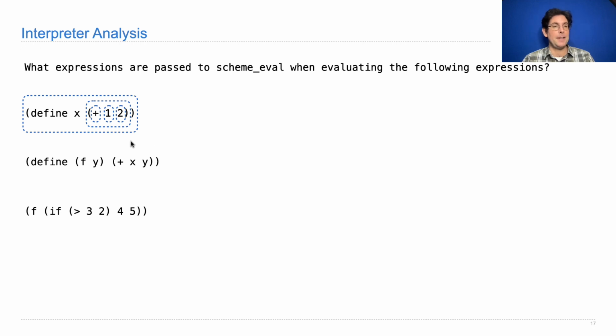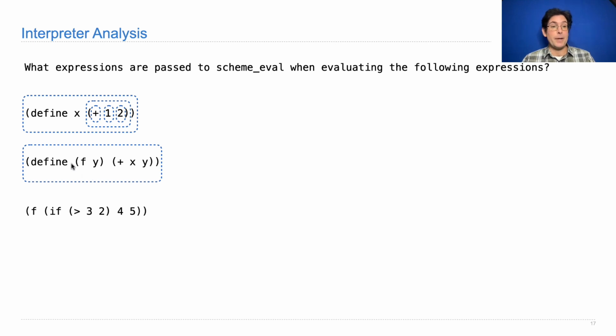Okay, next one, even more complicated. Define form. Again, we have to pass the whole thing to scheme eval so that scheme eval can figure out that it's a special form. This time it discovers that it's a define form that's creating a new procedure. And so what gets evaluated next? Nothing. When a new procedure is created, its body is not evaluated yet.